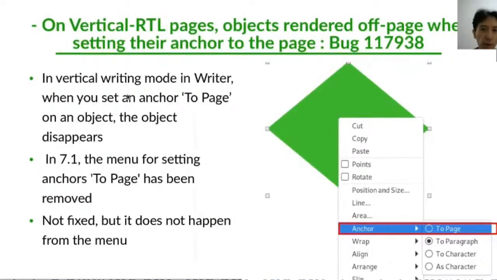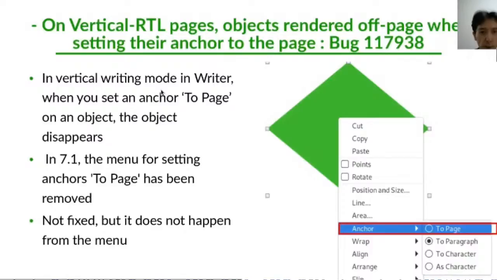In vertical writing mode in Writer, the object anchor is set to page, but at click time the object disappears. That's a problem.